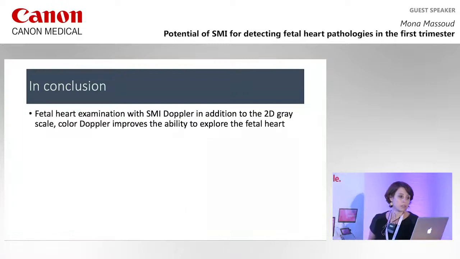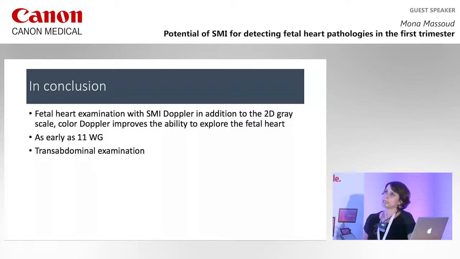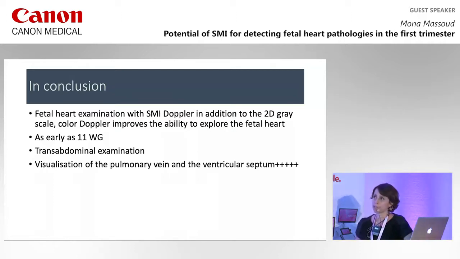So in conclusion, we can say that we can examine the fetal heart with SMI Doppler in addition to the 2D grayscale and the color Doppler, which improves the ability to explore the fetal heart. It is possible as early as 11 weeks of gestation with the transabdominal examination only.